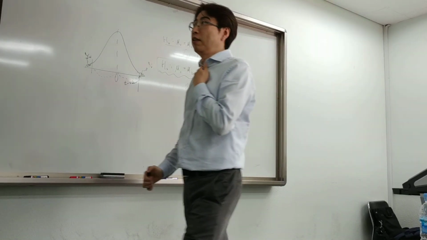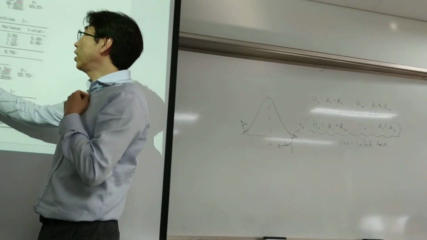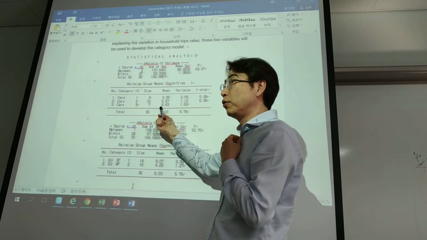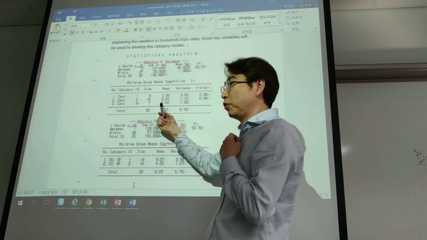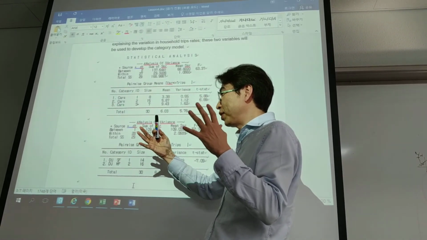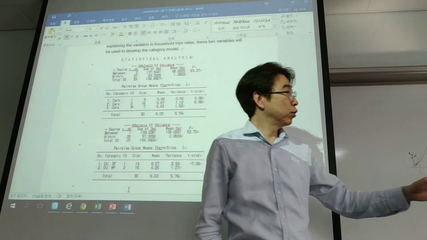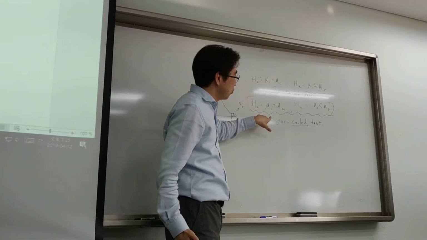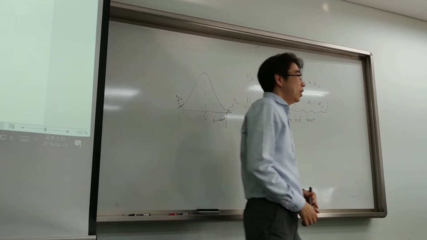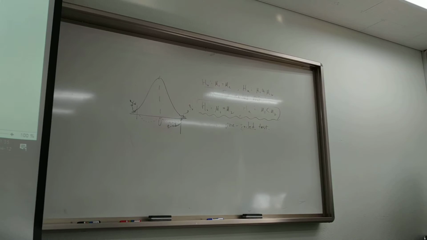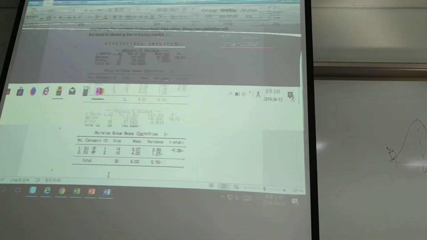Our example? According to the number of cars, the number of trips is increasing. This is widely accepted by everybody. So in this case, you may use the one-tailed test. Our t-test result gives you both results at the same time.